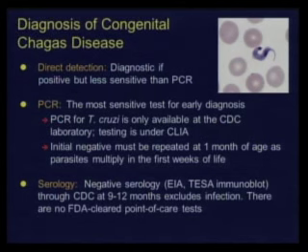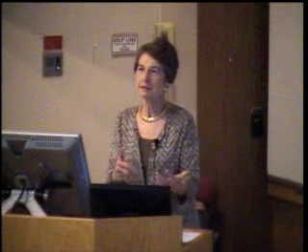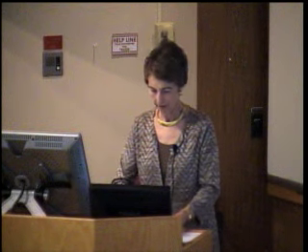Do you all end up ordering more PCRs here than you used to? We make a lot of diagnoses by PCR now that we used to use serology for. But after that initial acute infection, for this disease, serology is going to usually be the best way to make the diagnosis.